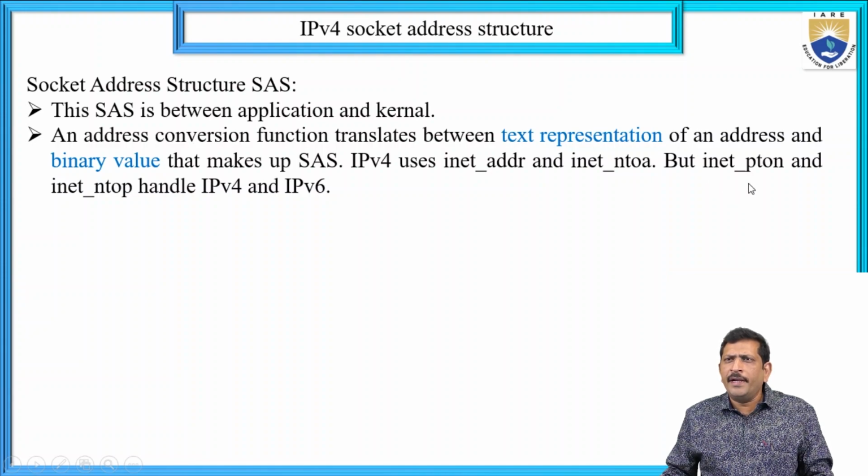But inet_pton converts the string to the internet address. That means inet_pton is the reverse of inet_ntop. Here we are converting from internet address, that is a port address, to a string, and here we are converting a string to the port address, which can be handled using IPv4 and IPv6.